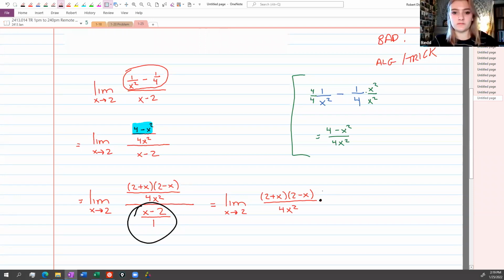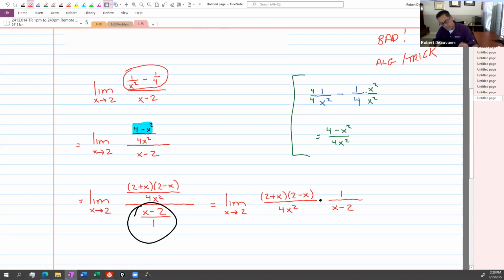The reciprocal. Good. Division is the same as multiplication of the reciprocal. So I can multiply this by 1 over the x minus 2. These are equivalent. And that's to help you see that these two will indeed cancel.